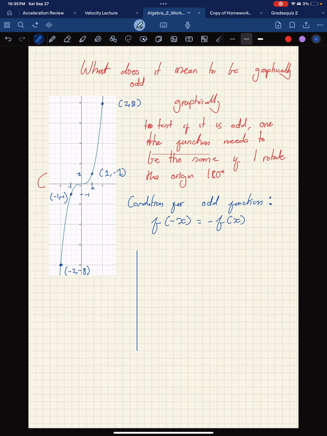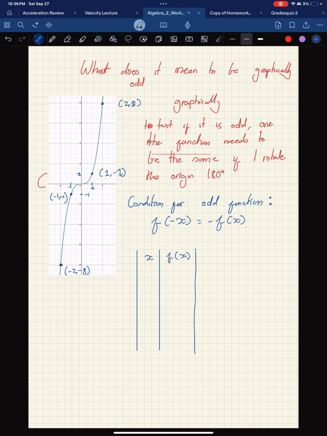We have f of x, our regular f of x values. Actually, instead of f of x, I'll begin with x. Then we're going to get f of x right here.